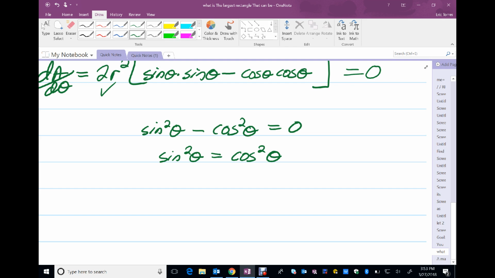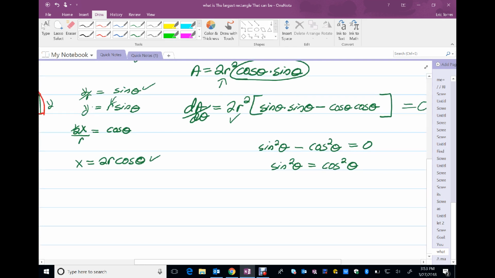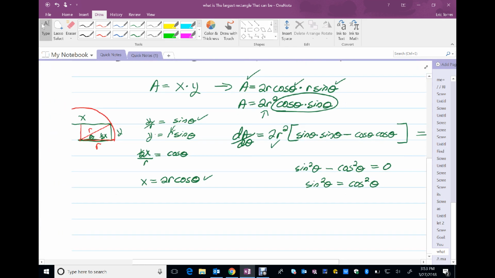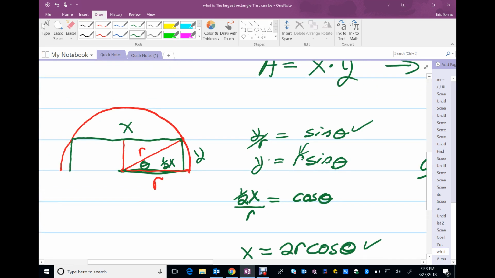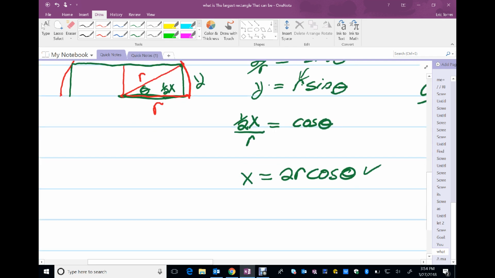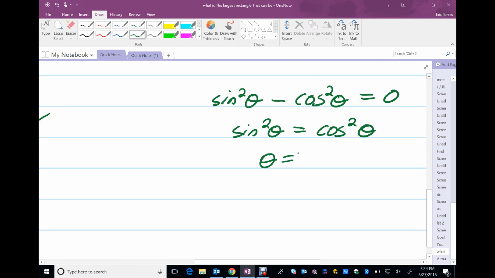However, we have to be concerned with what theta is allowed to be. Let's go back to theta. That's my angle here. Theta can only be between 0 and pi over 2. The only place that sine of theta will equal cosine of theta inside of that is at exactly theta equals pi over 4. It's our 45-degree angle.